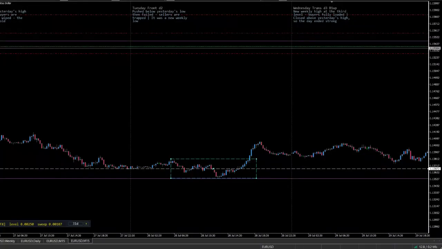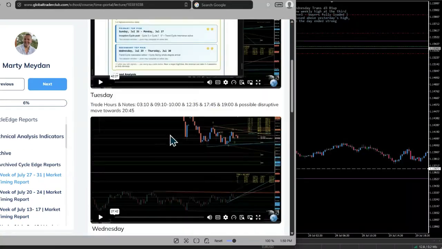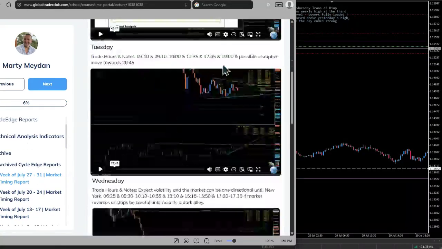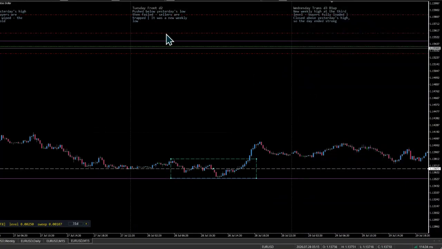So let's see what time that was at. So if I go there, and if I now go into the 27th and the 28th, let's do it. So on the 28th, that's when the shift, the pivot was being expected. So 10 past 9, 10 o'clock, 12:35, 5:45.